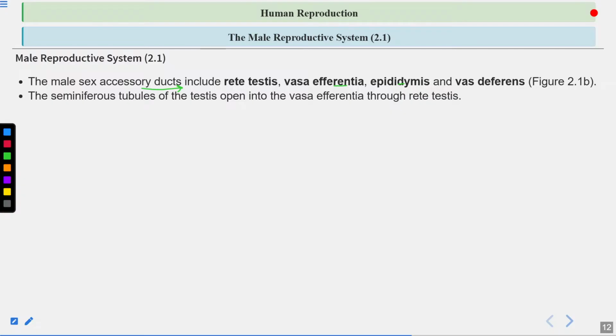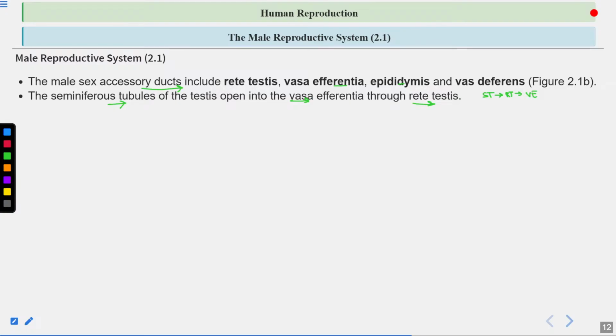Now in seminiferous tubules, sperms are produced. So in seminiferous tubules, sperms are synthesized. From seminiferous tubules, the sperms are transferred to rete testis, and from rete testis to vasa efferentia.